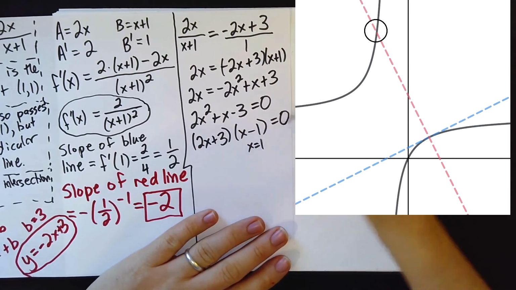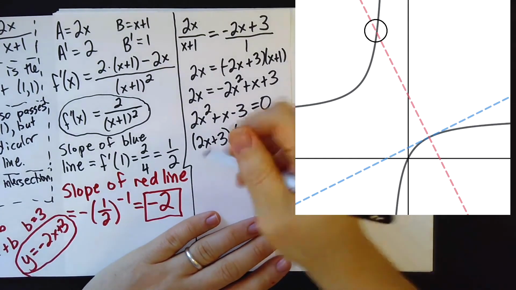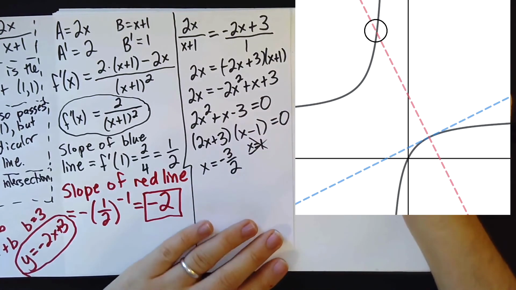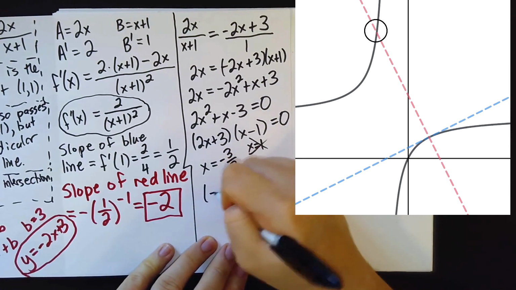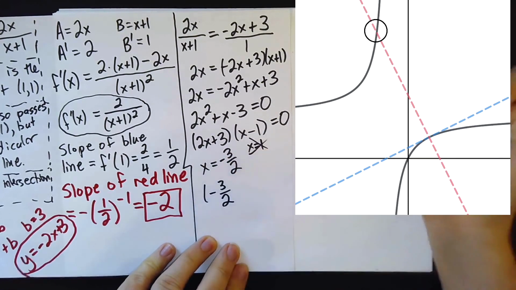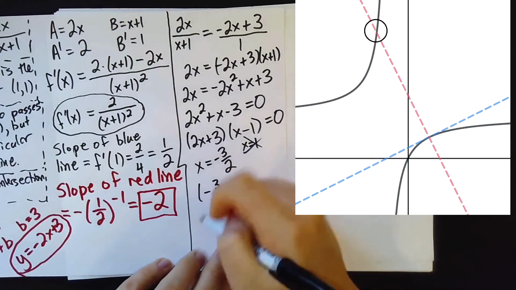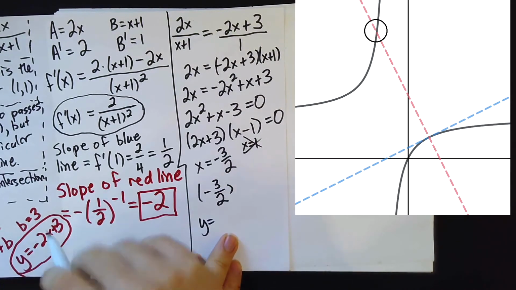Now, of course, this x equals 1 here is telling us that the red line intersects the black graph at x equals 1. We already knew that. That's not the point we're looking for. The point we're looking for is this one, which has x being equal to minus 3/2. And so my point that I have circled there is minus 3/2, comma, and then I'll get the y-coordinate by plugging this back into the original line over here.